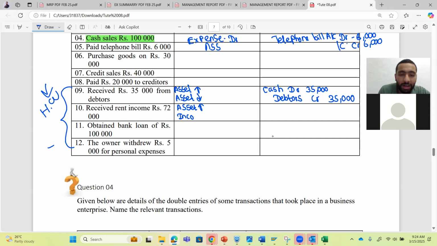Why? This is a rent income. So your income also will be going up, right? So this is also a very simple, straightforward one. Okay, so can someone please tell me the double entry? I'm waiting. Can someone please tell me the double entry for this?